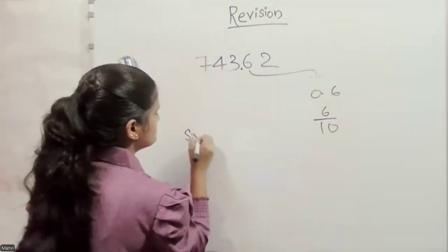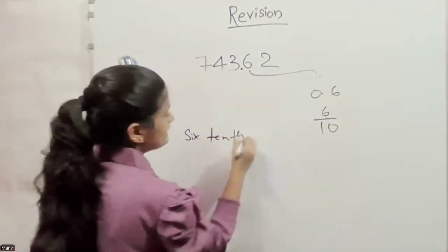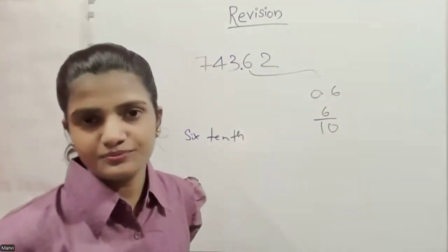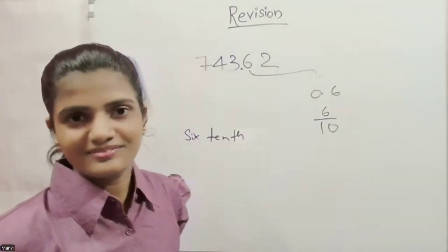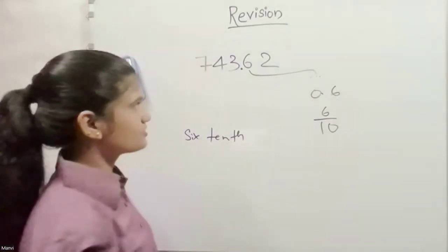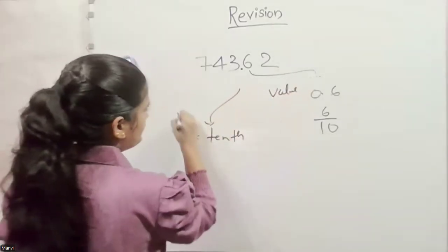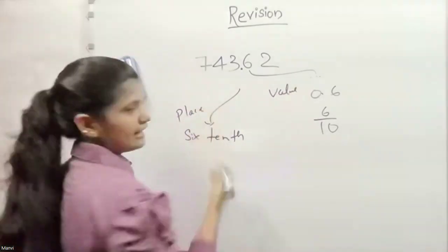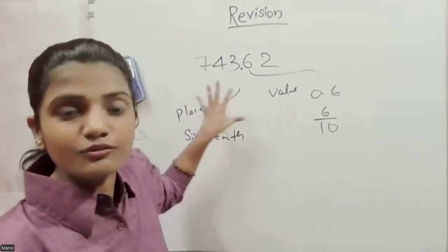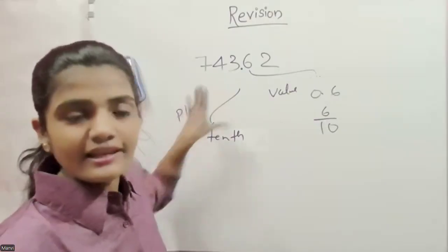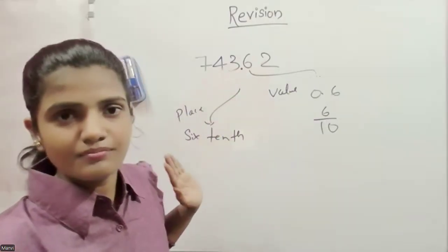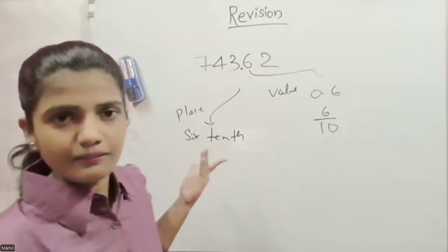And this 6/10 is actually the place value, right? So this is the value and that is the place value. We write place value in words and value in numbers. The simple logic.